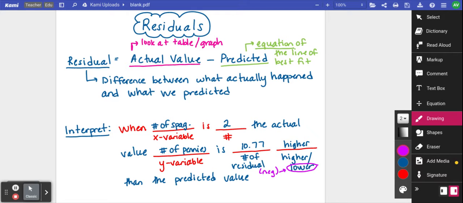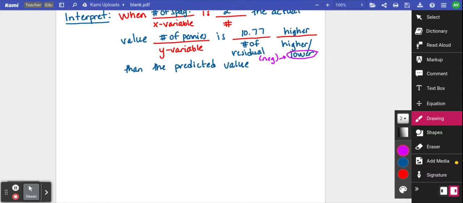The last thing that I might ask you to do when you are done interpreting your residual is to tell me, was the best fit line an over prediction or an under prediction? Now I'm going to scroll down a little bit so that you have a little bit more space. The last thing I might ask you to do is to determine whether the line over predicts the data or under predicts the data.